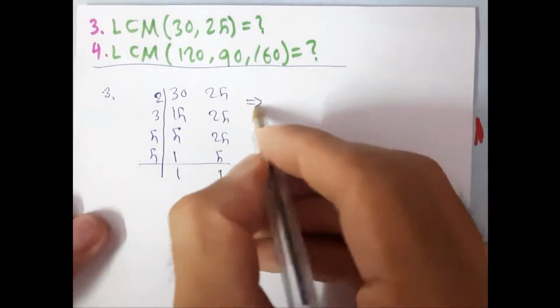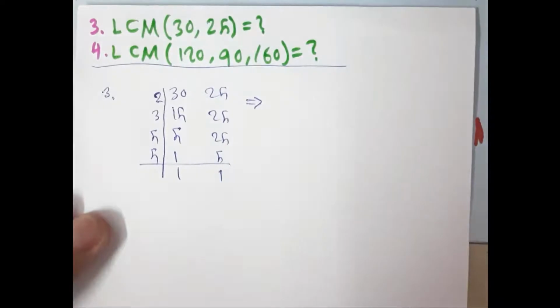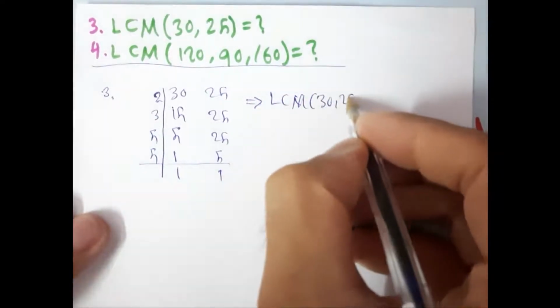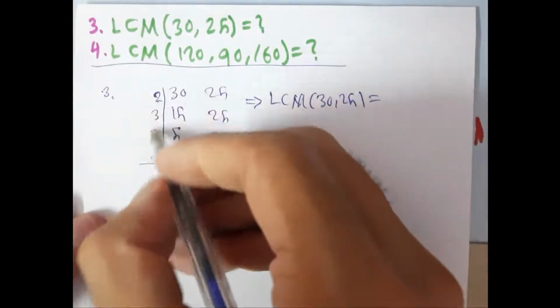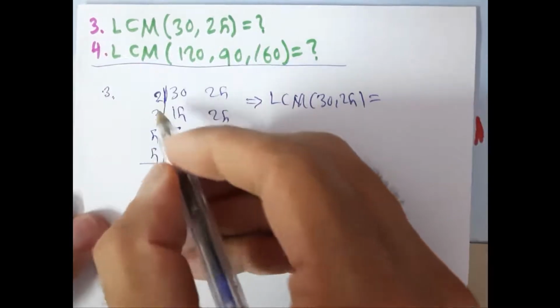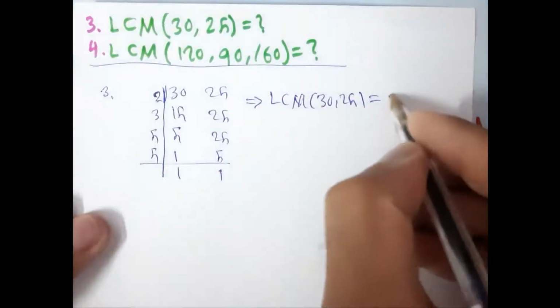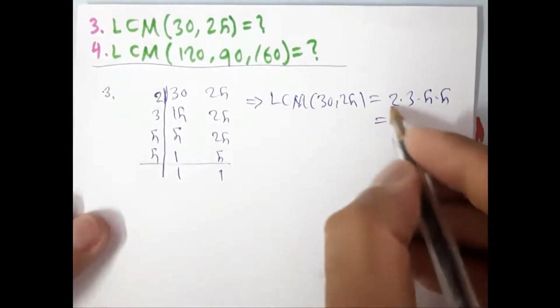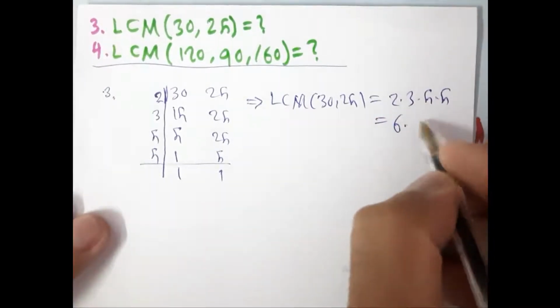So then it implies the LCM of 30 and 25 is equal to, we multiply these numbers on the left side of this vertical line, 2 into 3 into 5 into 5, which is 2 into 3, 6, into 5 into 5.